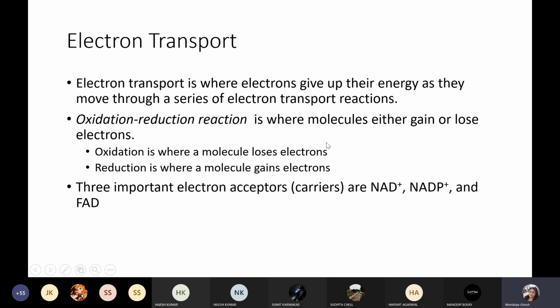So you can be questioned: name some electron acceptors, electron carriers. Please read all the vocabularies, the synonyms, so that you don't miss it if electron acceptors come up and you can't recognize them. Whatever they call electron acceptors, they are only the electron carriers or the electron transporters.